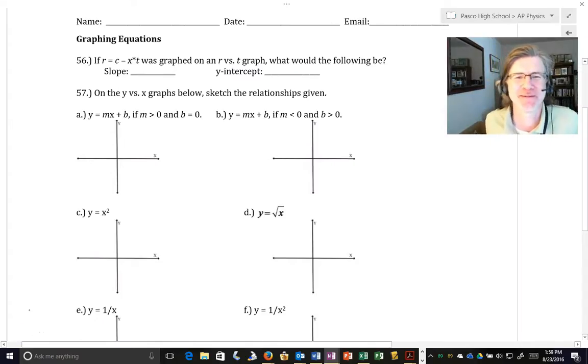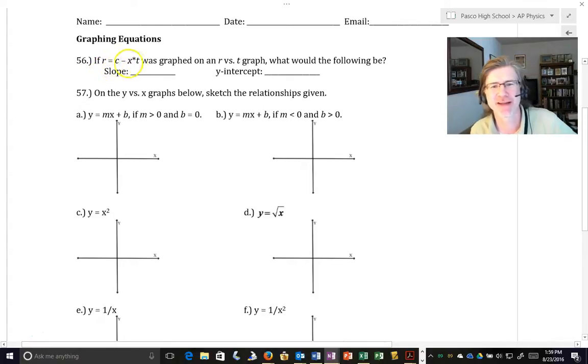Okay, moving on. Question number 56. If a line r equals c minus x star t was graphed on an r versus t graph, what would the following be? So we know that y equals mx plus b. That's the standard format.